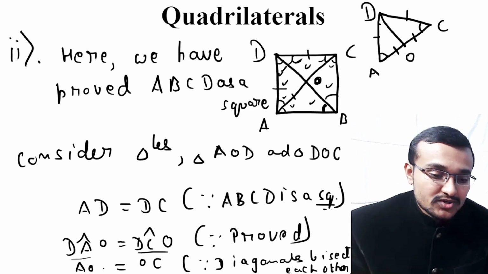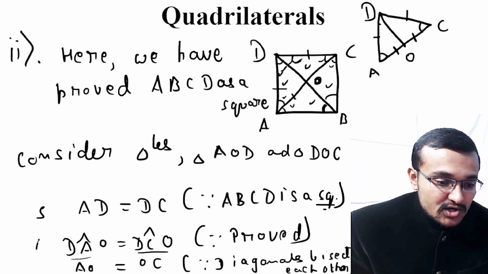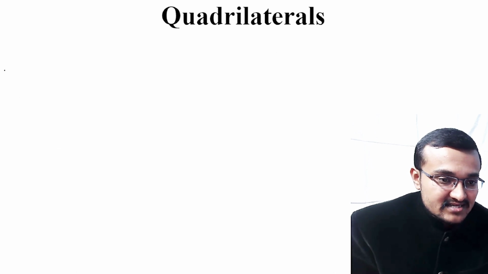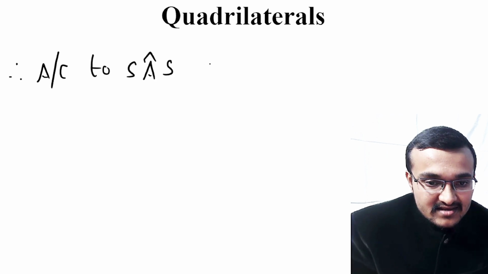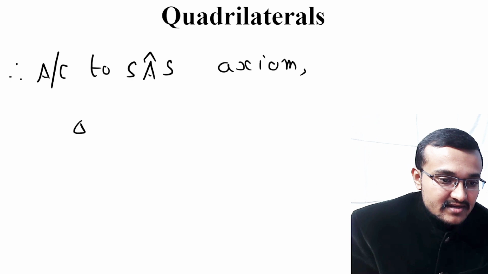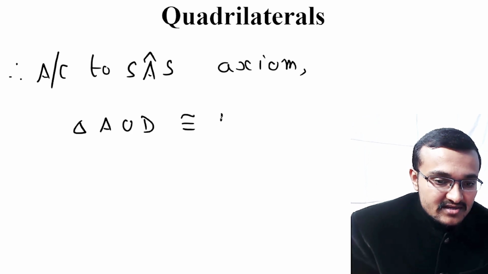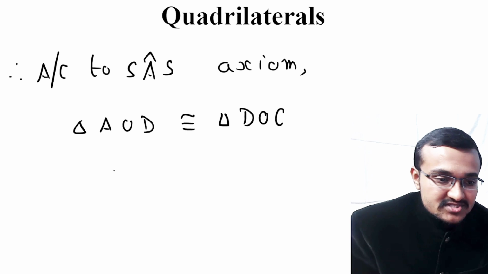So that means AO is equal to OC. So now, according to the SAS axiom, triangle AOD is congruent with triangle DOC.